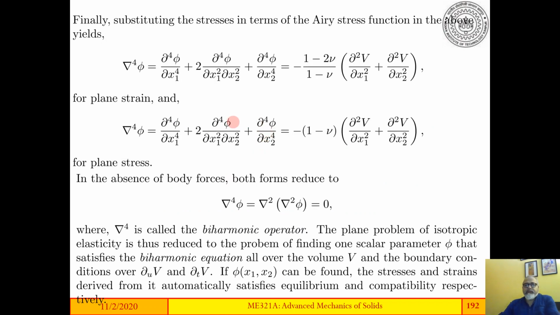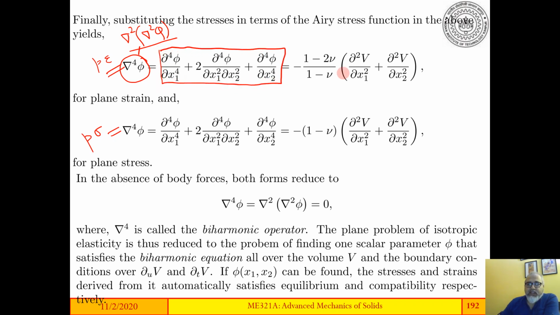And when you do this, you get this for plane strain and this for plane stress, where del 4 phi is the same as del square of del square phi, and if you work this out, it turns out to be this equation.